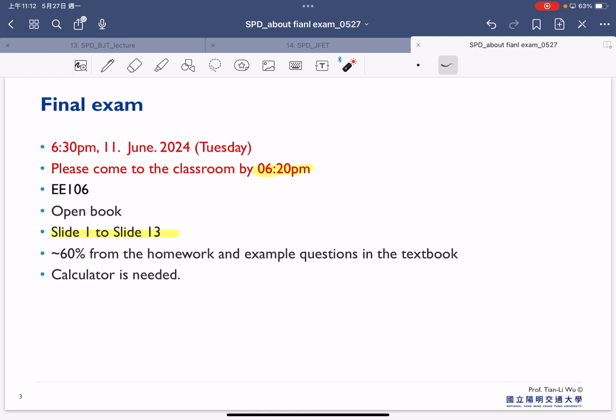Some students brought the textbook and printed out all the slides, and brought everything to the classroom for the final exam. But in the end it doesn't help, because you waste too much time trying to find the equation you need, trying to find the answer, trying to look at the concept.